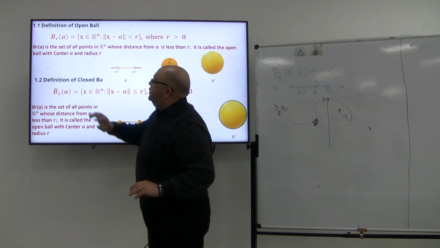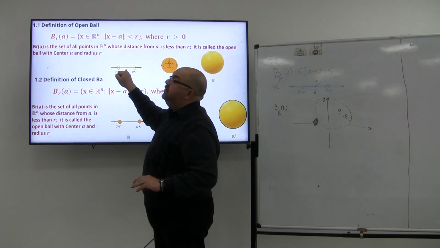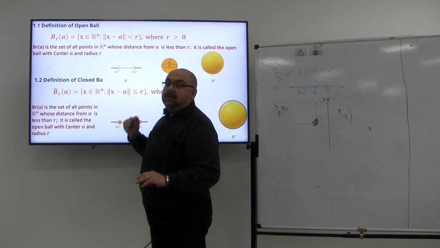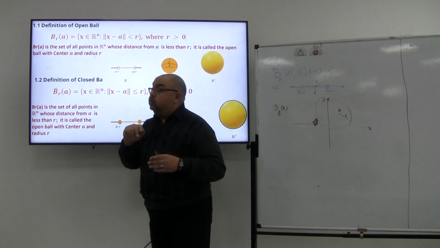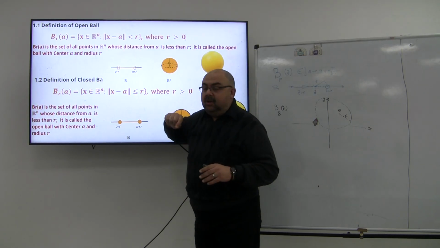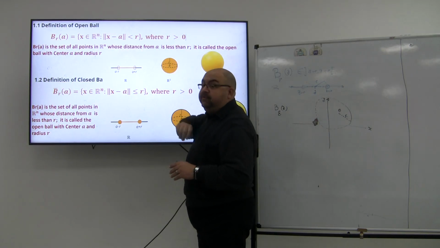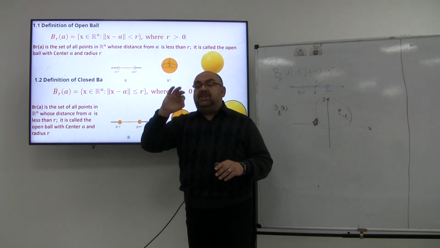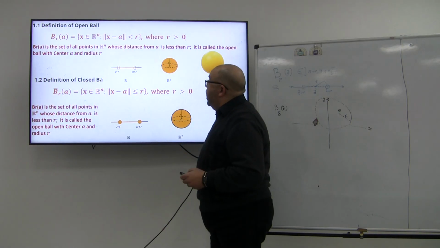It represents the set of points around the point a, with a in the middle, without the endpoints at r. If I'm talking about two dimensions, the neighborhood of point a will be the points of the circle all around, without the perimeter of the circle. In 3D, it's going to be a sphere with a in the middle, and r is greater than 0.